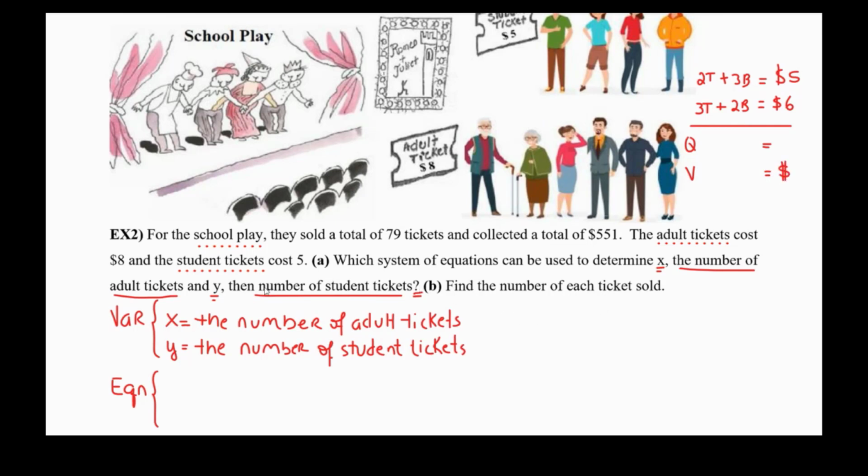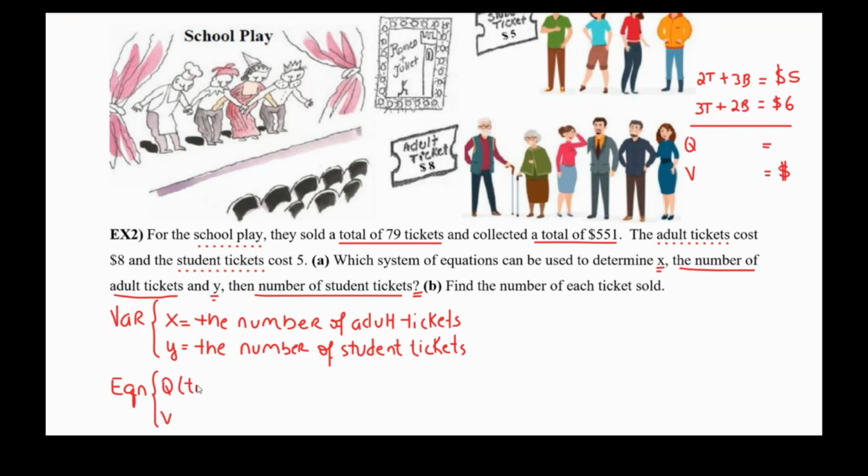So when we look at this particular problem, we see that for the school play, they sold a total of 79 tickets and collected a total of 551. That indicates to me that I'm going to have a quantity versus value system of equations.